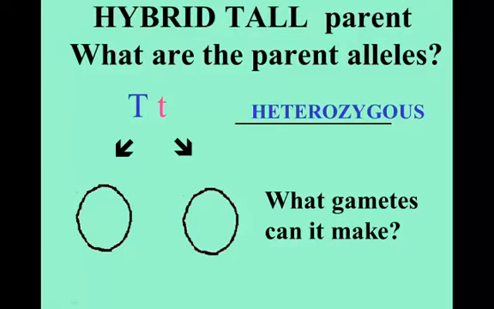One goes one way, one goes the other way. When this parent makes gametes, it could give the dominant choice. It could give the recessive choice.